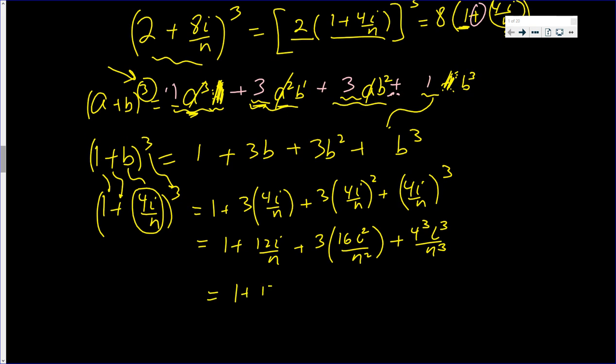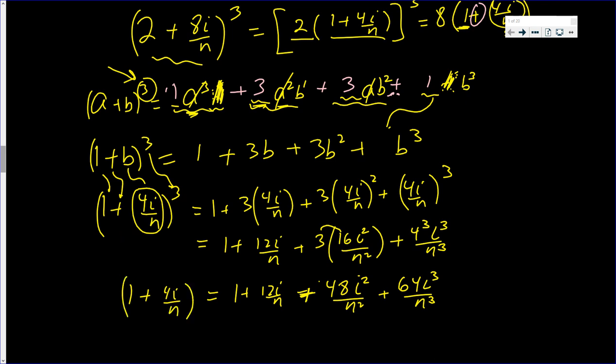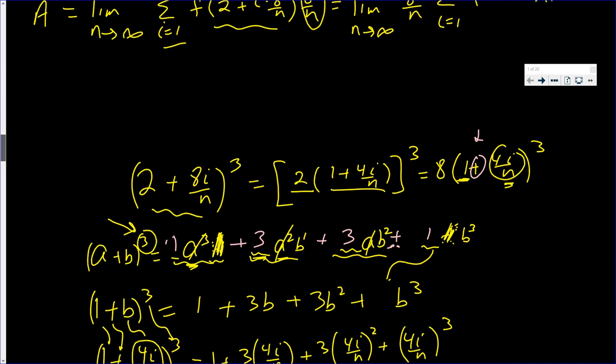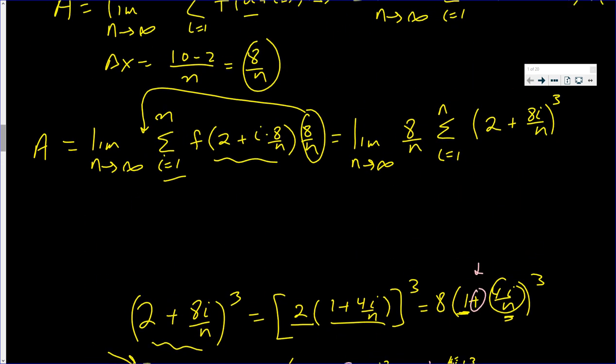This is 1 plus 12i over n, 3 times 16 is 48 i squared over n squared, 4 cubed is 64 i cubed over n cubed. That there is what this equals. That's what goes right there.